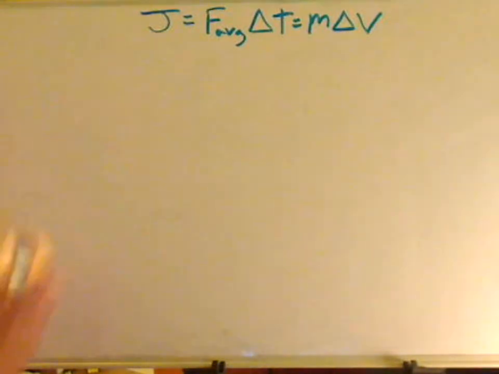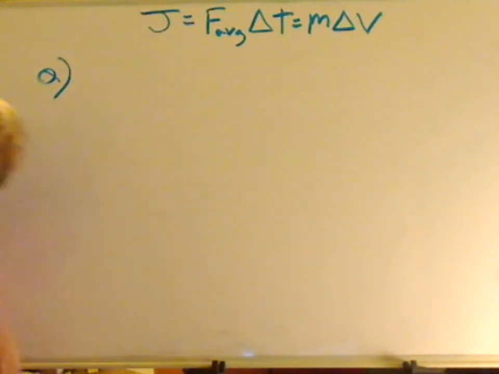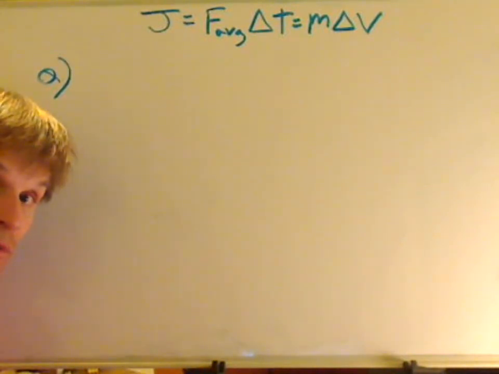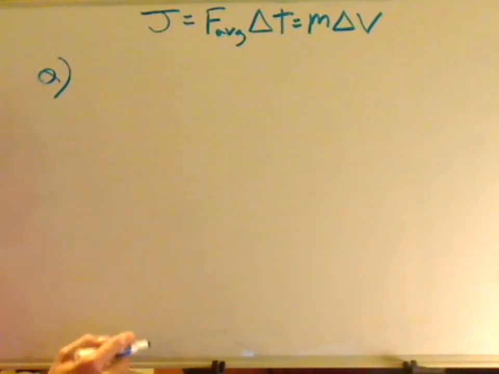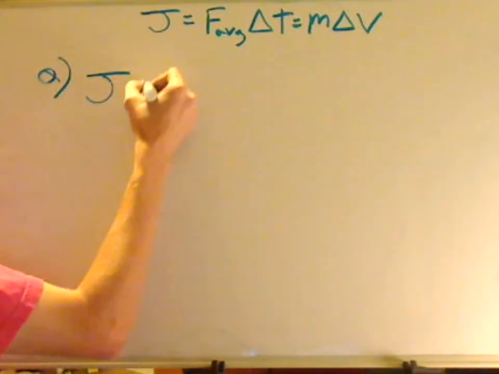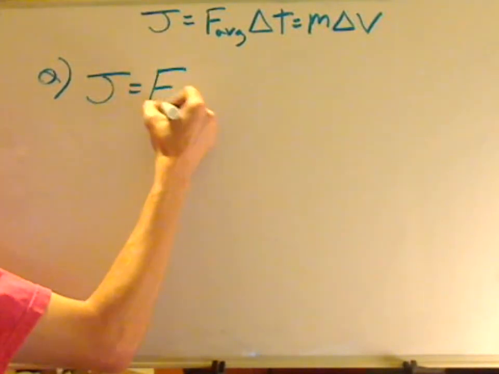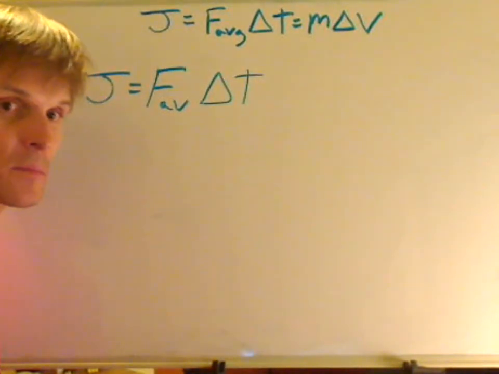And we're told that in bringing the bumper car to a stop, the wall exerts on the bumper car 4,000 newtons of force over 0.2 seconds. Okay? And so we're asked to calculate the impulse, J. And so again, the impulse is the force exerted times the time over which that force is exerted.